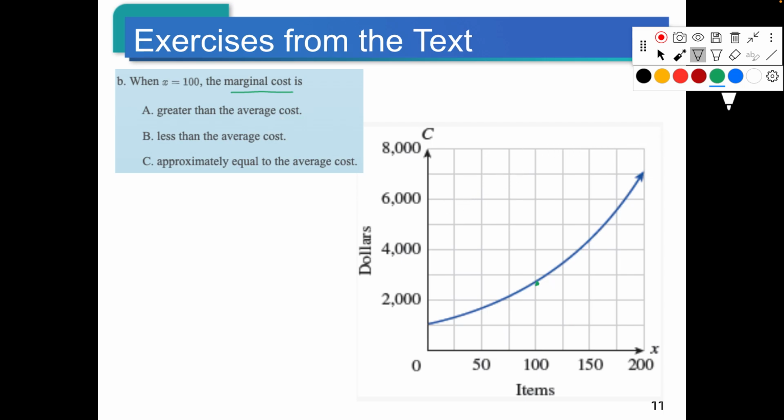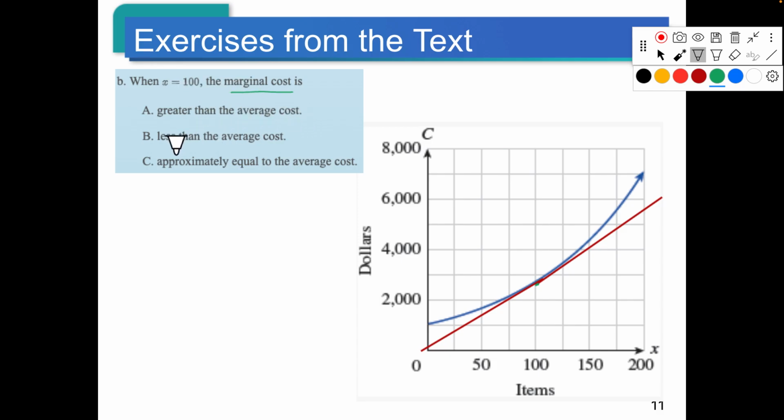So again, I'll see if I can draw a better tangent line here at 100. I can go sort of this way. Kind of good. So that's what the instantaneous rate of change is about at 100. It's a slope, right?